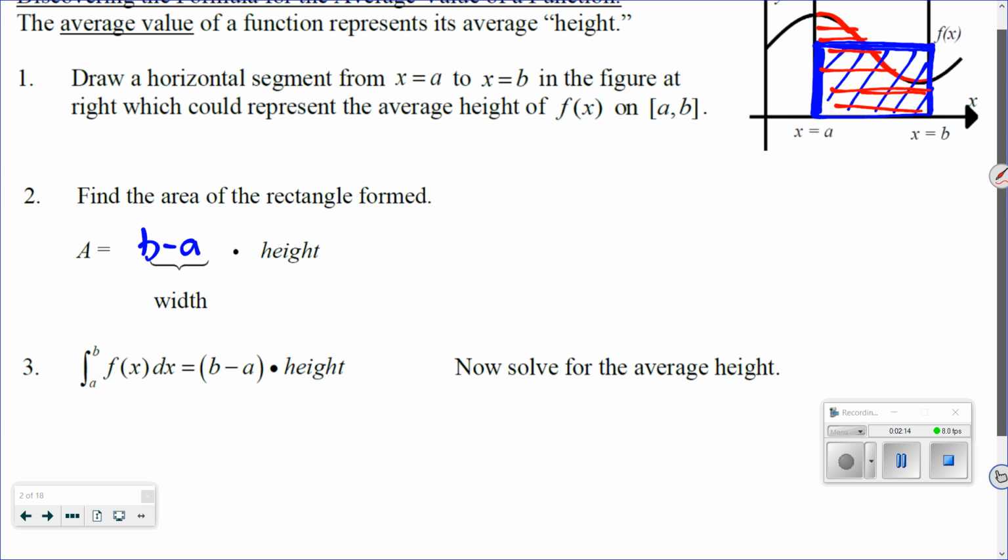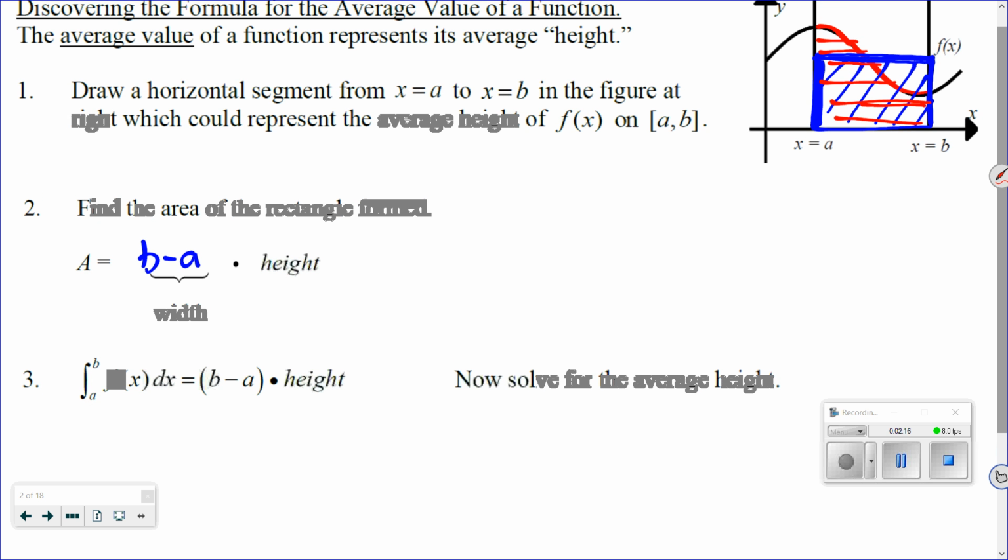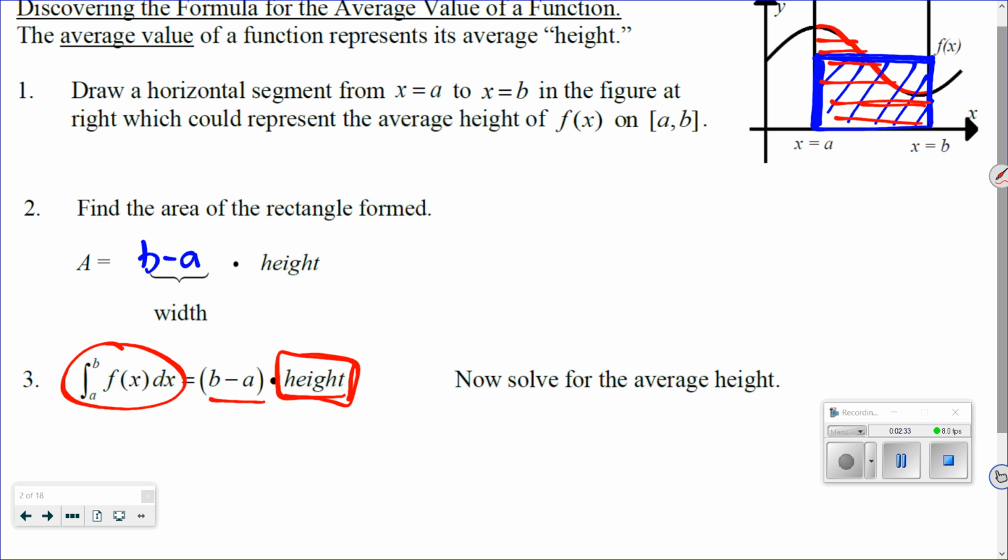I know how to find the area that I just shaded in red. That's just the definite integral from a to b of f of x. And that's got to equal the width, which we already said was b minus a, times the height. We're trying to find that average height, like how high is that right there?